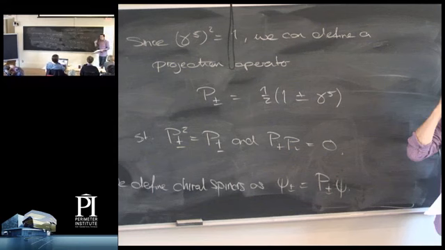Okay? In particular, if you went through this procedure in the chiral representation and figured out what these psi plus minus were, you would find in the chiral representation, psi plus is u plus, 0, and psi minus is 0, u minus.